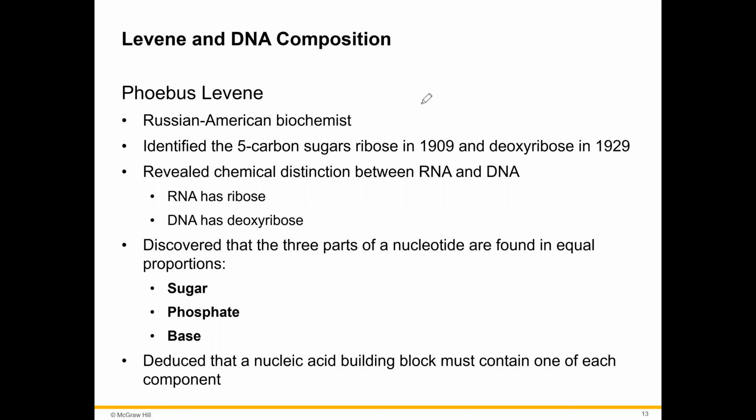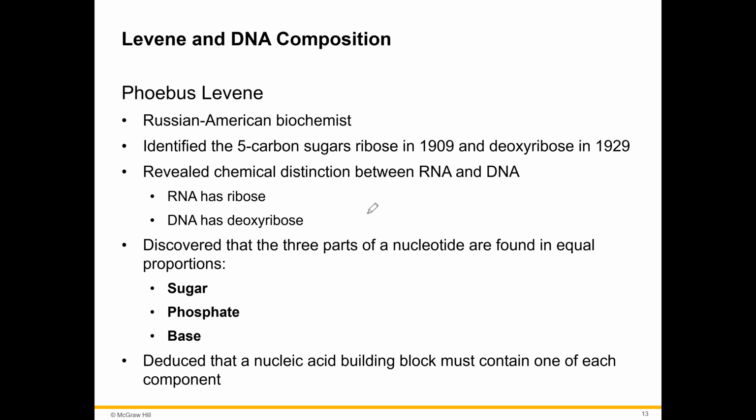All the previous experiments that we described provided us with information that DNA is the genetic material. But what is the structure of DNA? So Levene identified that 5-carbon sugars ribose and deoxyribose are part of nucleic acids, right? And it happened in 1909 and 1929.